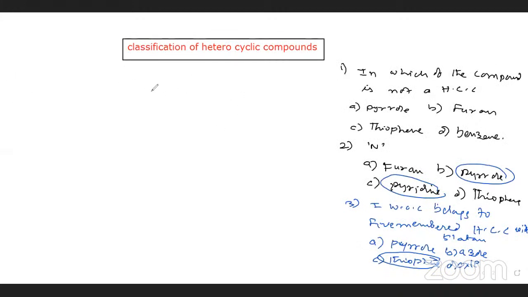Now let me discuss the classification of heterocyclic compounds. Generally, heterocyclic compounds are classified based on two factors.